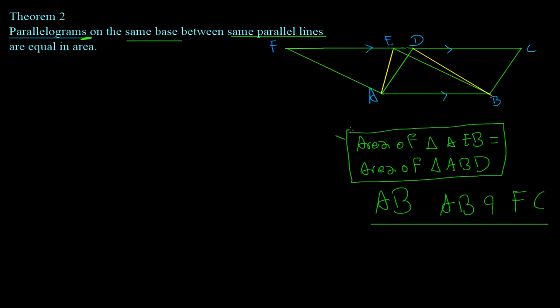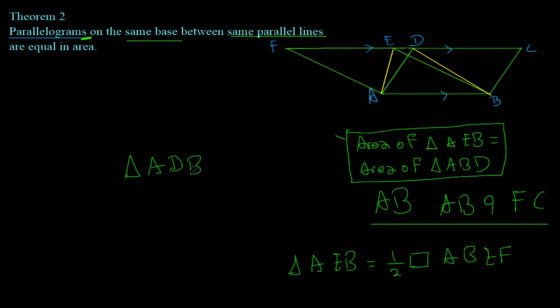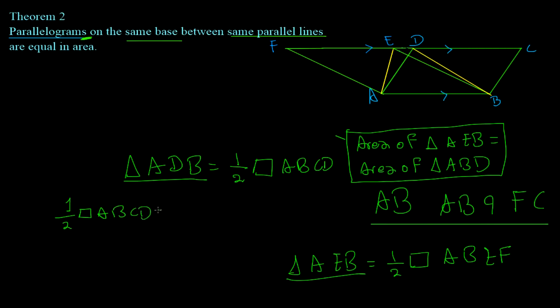Okay, and we also know that triangle AEB is equal to half of parallelogram ABEF, and triangle ADB is equal to half of parallelogram ABCD. So the area of triangle ADB is equal to the area of triangle AEB, so half parallelogram ABCD will be equal to half parallelogram ABEF.